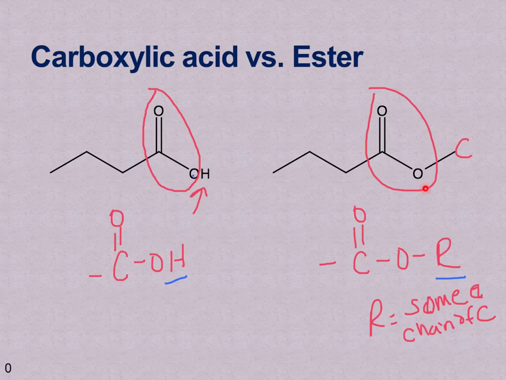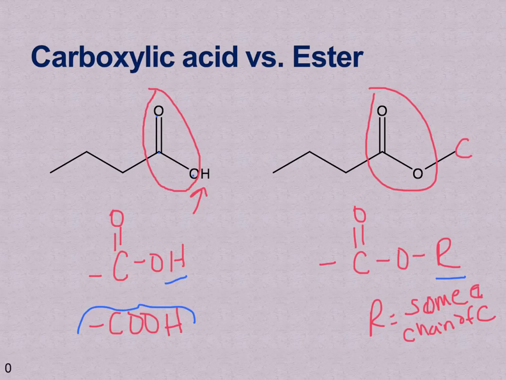Now, when we're writing these out, we don't always want to write out and show this structure. And so what we actually use to represent this carboxylic acid group in the name is we'll say we have a COOH group. And whenever we see this chunk of elements together, we know that this really means carboxylic acid, the carbon double bonded to an oxygen and single bonded to the oxygen, which has a hydrogen attached.